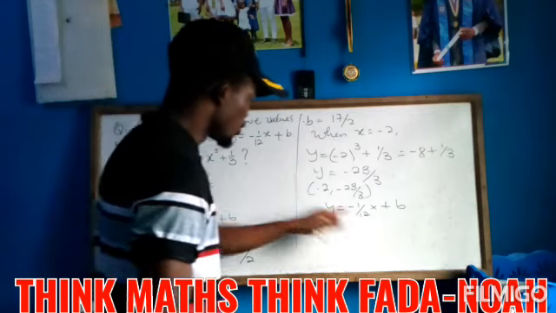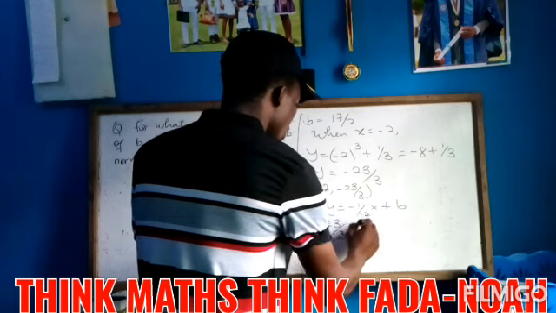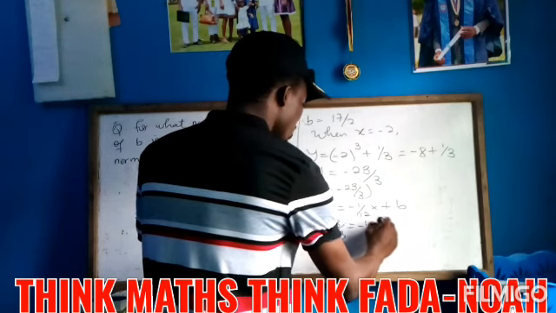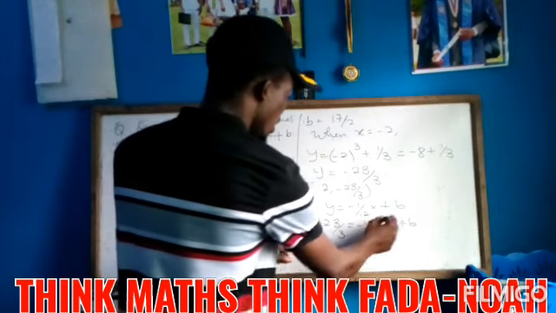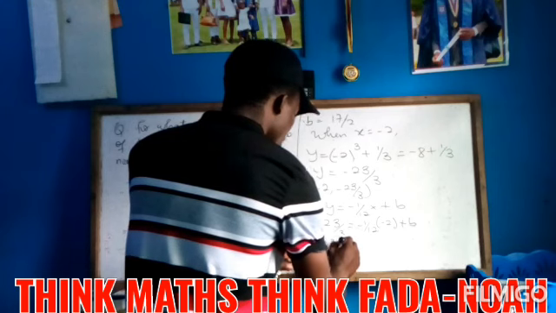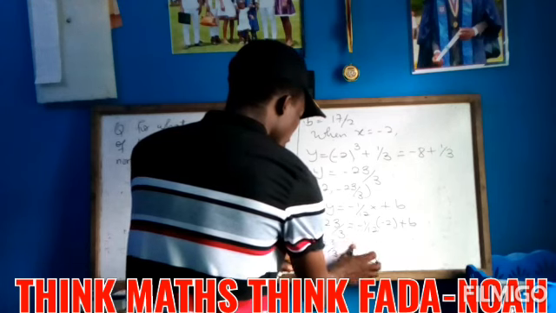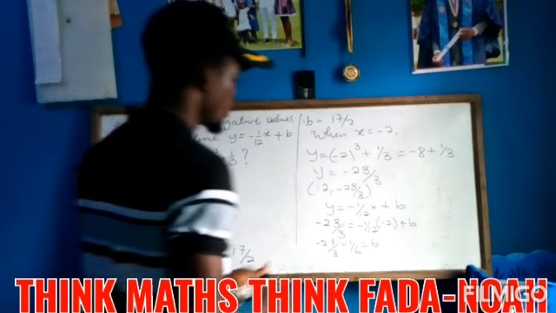So we substitute this point here. We have minus 23 on 3 equal to minus 1 over 12 times minus 2 plus b. So here we are going to have minus 23 on 3 minus 1 over 6 equal to b.